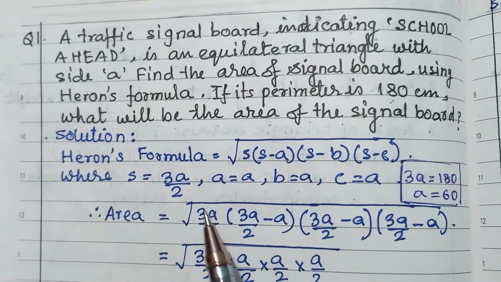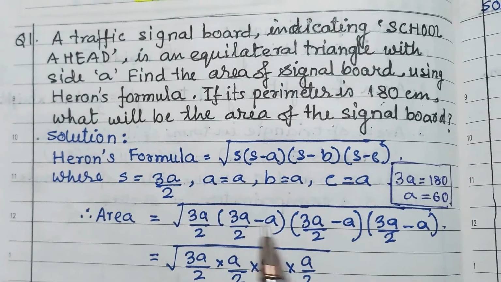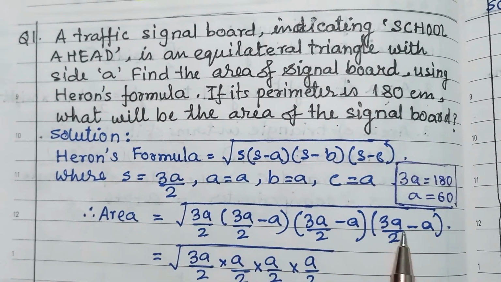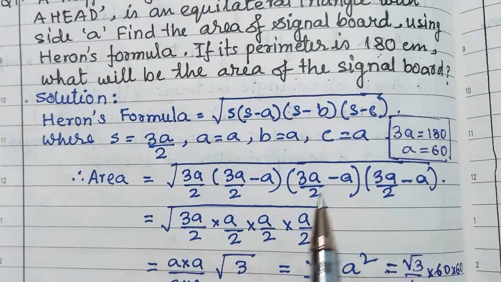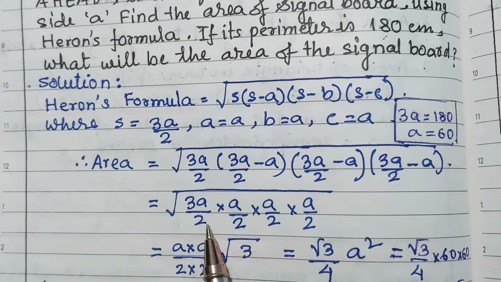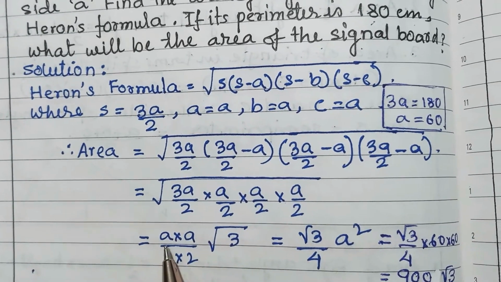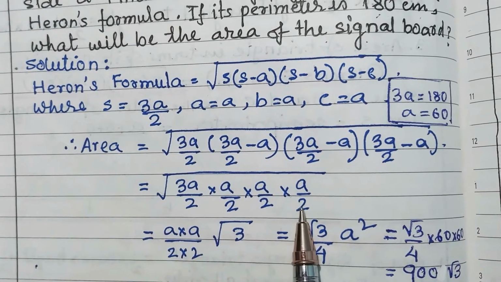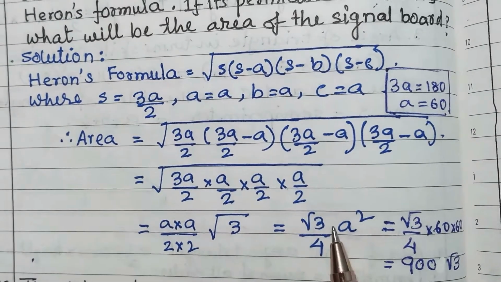Now area is under root s into s minus a, s minus a, s minus a, because all three sides are equal. Now this is a upon 2, a upon 2, a upon 2, and it is also 3 into a upon 2. So when it comes out from the square root, a upon 2 two times will come out as a upon 4 times, and under root 3, it is root 3 upon 4 a square.